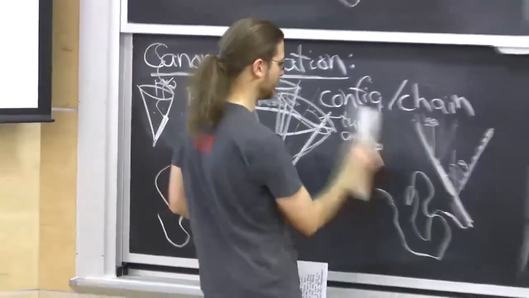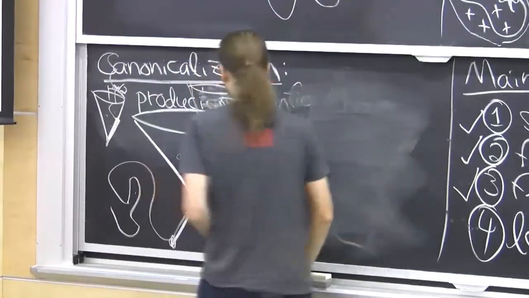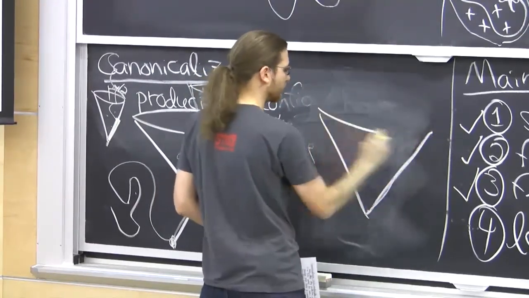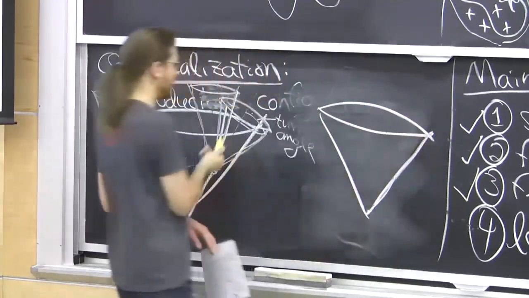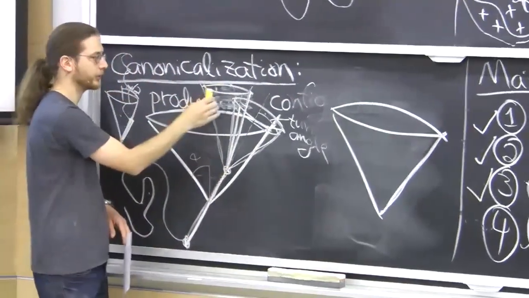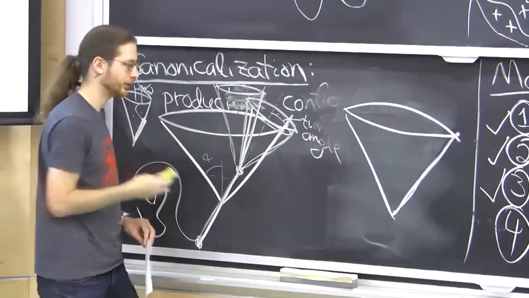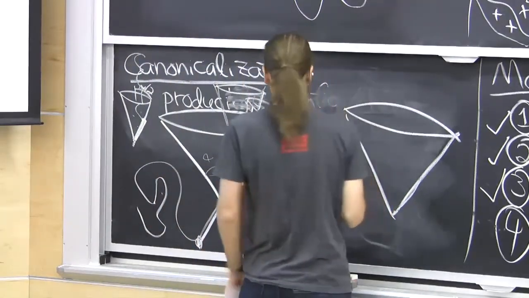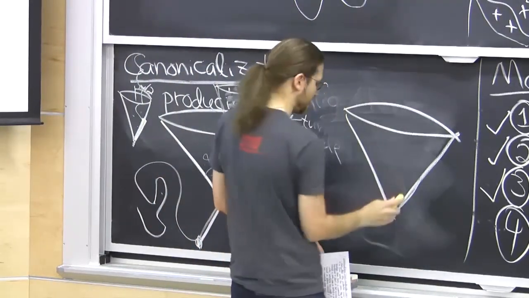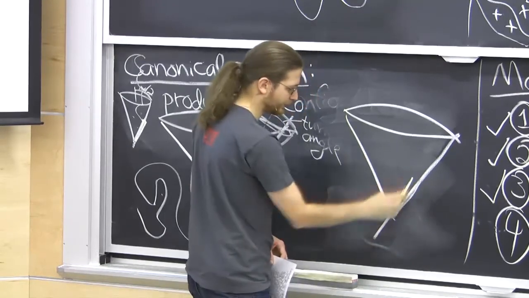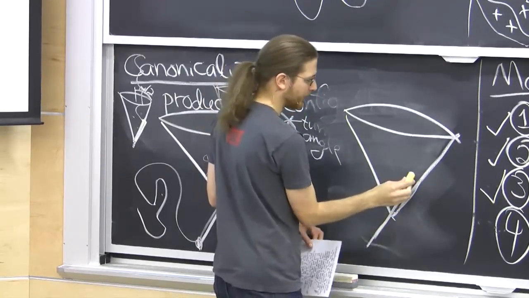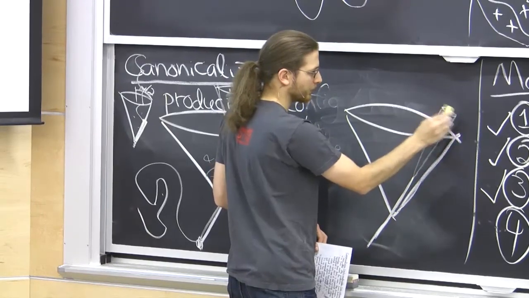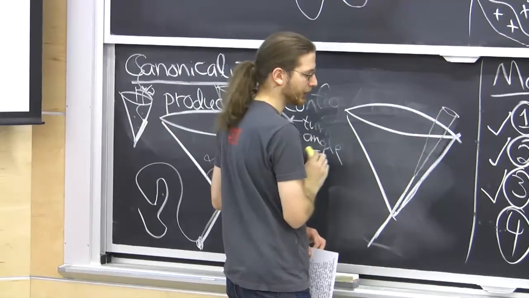So let me try it again. The easy case is when I can draw a vertical cone and it intersects the cone that I need to intersect. The harder case is maybe it's more extreme. Maybe it's a very tight angle here, so there's a very small turn angle.